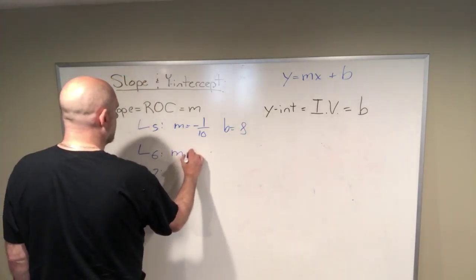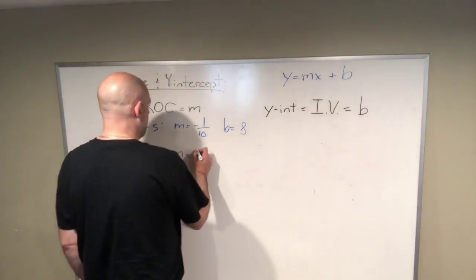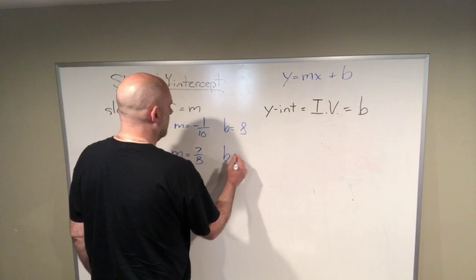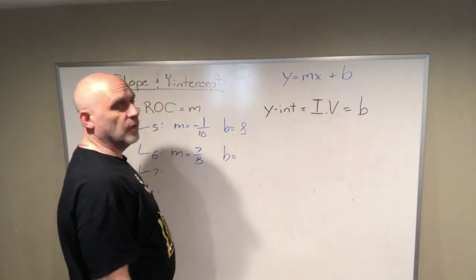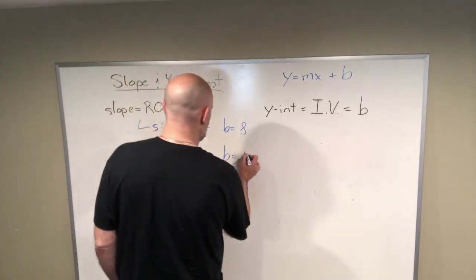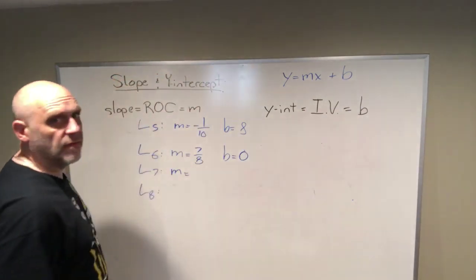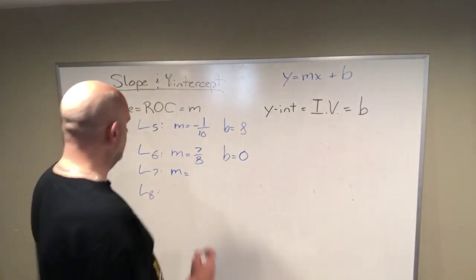L6, slope is, what's your favorite fraction? 7/8. That's one of my favorites too. B, I'm just pulling these completely out of the blue. Okay, what's B? 0. Yeah, let's try 0. L7, what's the slope? 5/4.